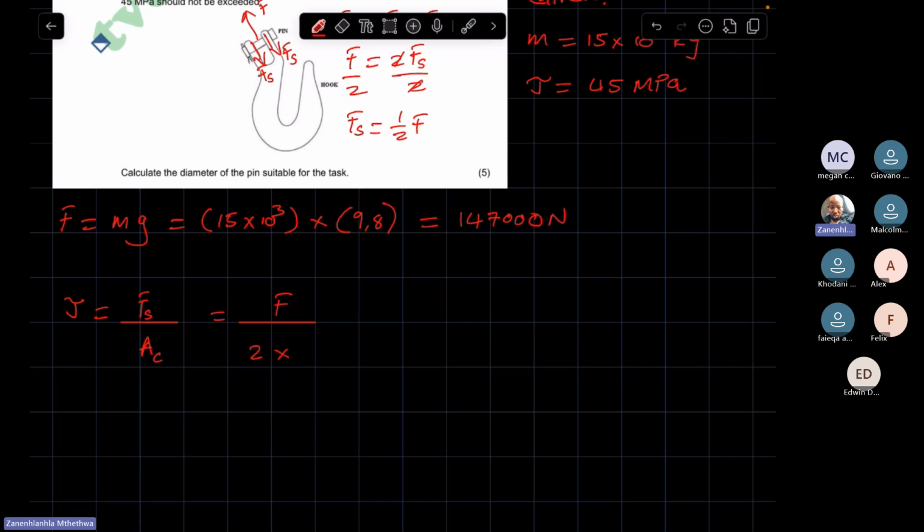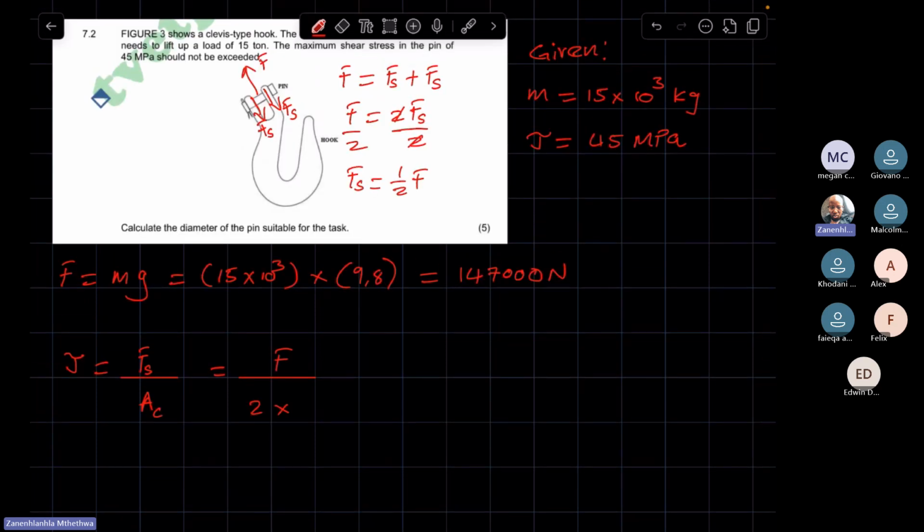As we've established, the area of cut is equal to the cross-sectional area of the pin. The pin is circular, so that will be pi over 4 times d squared. So this will be times 4, and here you will have pi d squared.